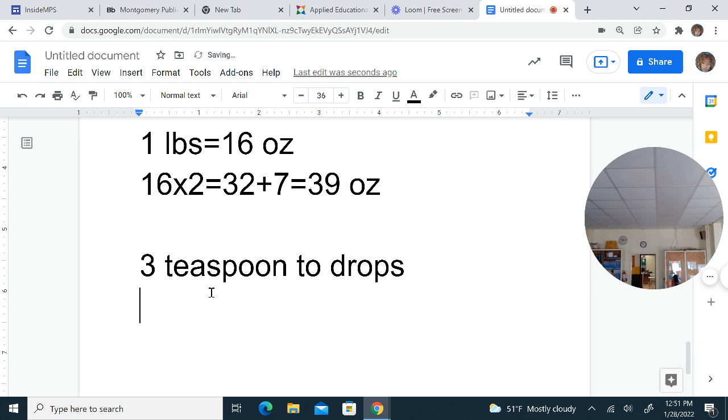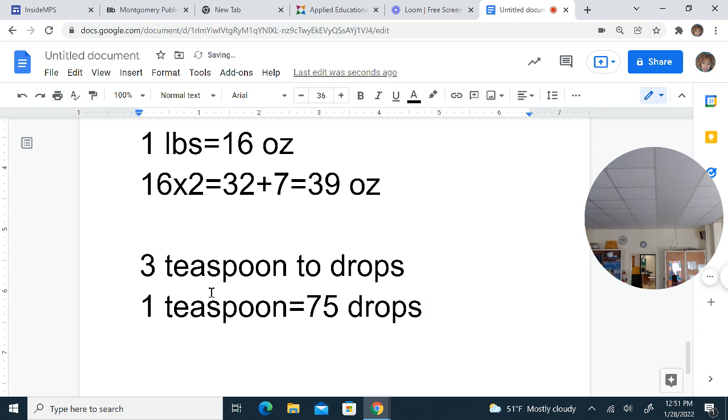Alright, what's our conversion? So 1 teaspoon equals 75 drops.